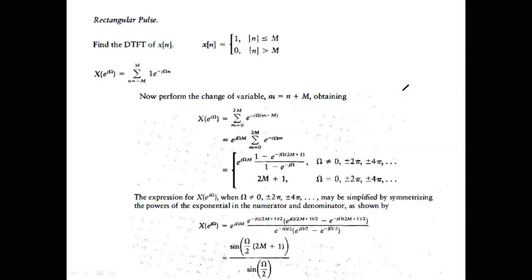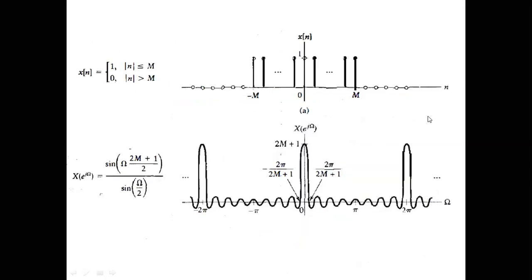This style results in something like this. You can see sine divided by sine at omega equal to 0 gave us 2m plus 1, right? At 0, at 2 pi, at minus 2 pi, we are not bothered. We are bothered only from minus pi to plus pi.